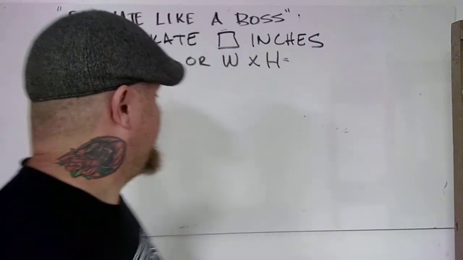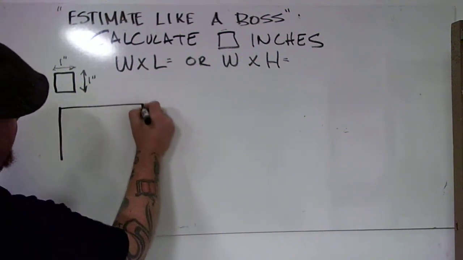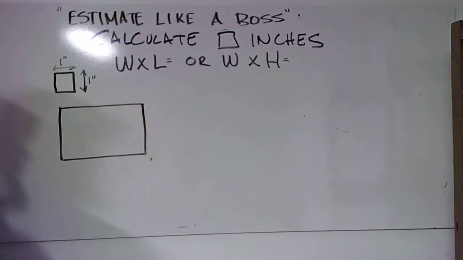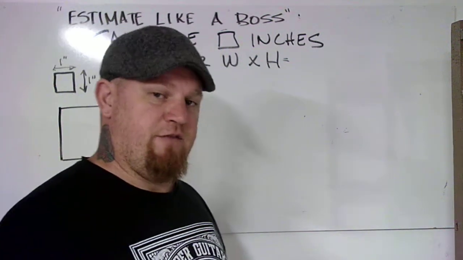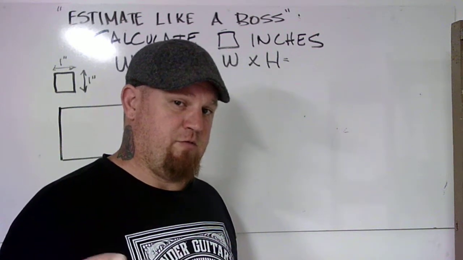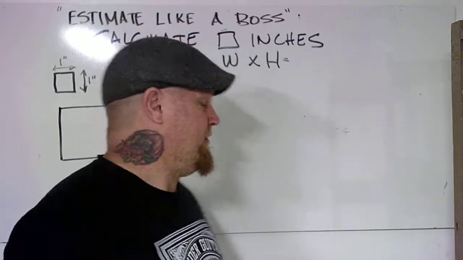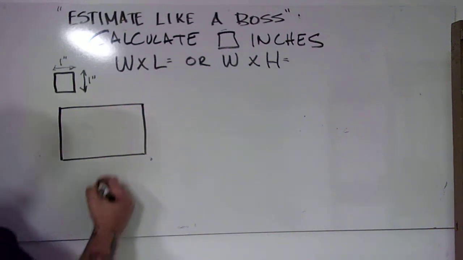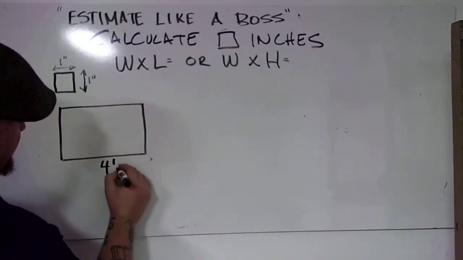I'll just give some basic math here, and then the advanced level and the boss level will deal with conversions of numbers from feet to inches, from inches to feet, from decimal feet into inches. At this point you should know how to do all the conversions. Say we have a piece of wood here, and the wood measures 4 foot long.